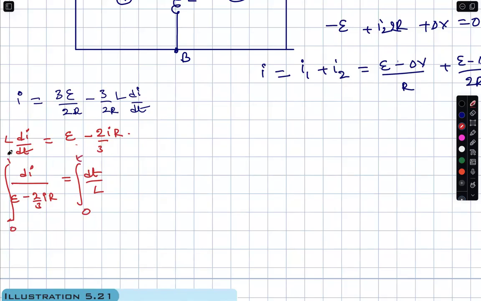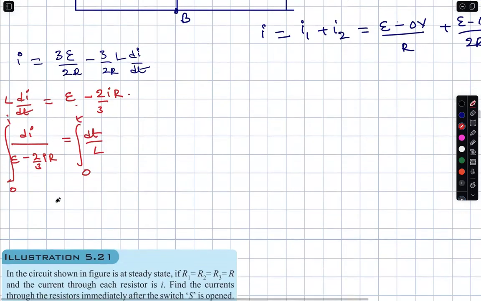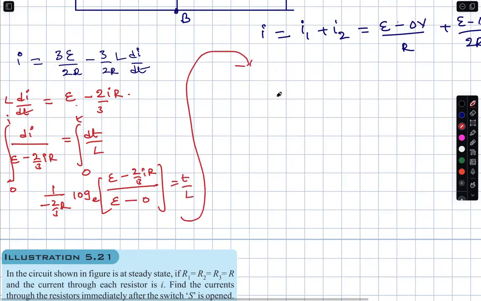At some time t, let the current be I. Now this gives minus 3 by 2R log of (E minus 2 by 3 IR) by E is equal to t by L. So now, proper substitution, you will have 1 minus 2 by 3 IR by E is equal to e to the power of minus 2tR by 3L.